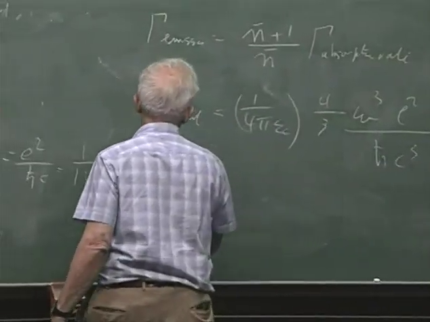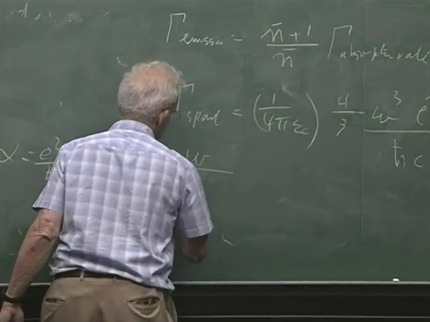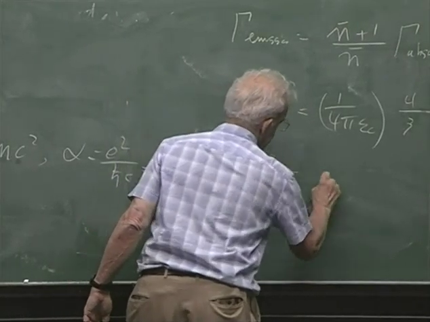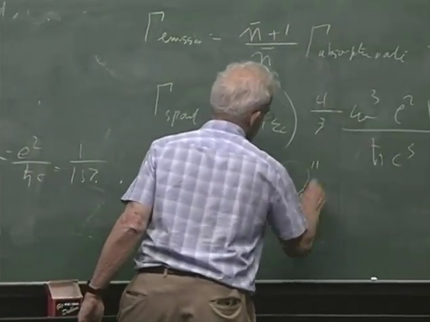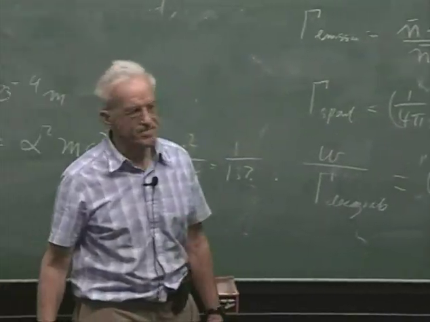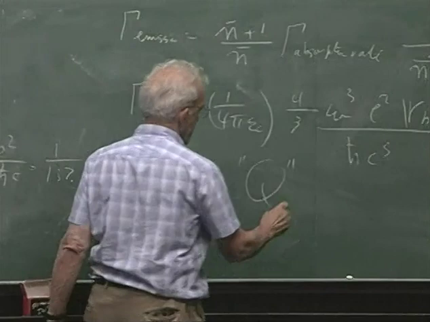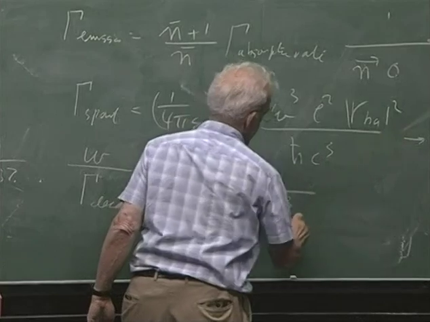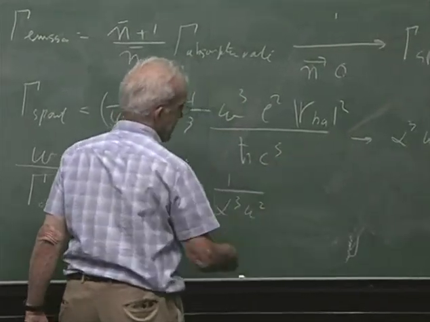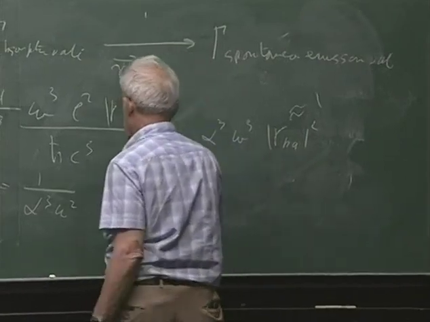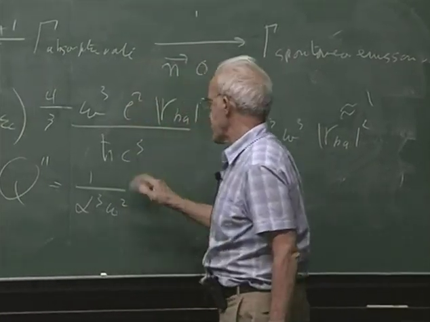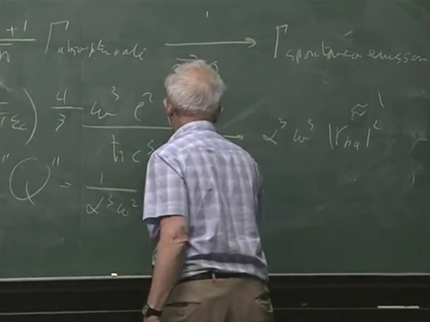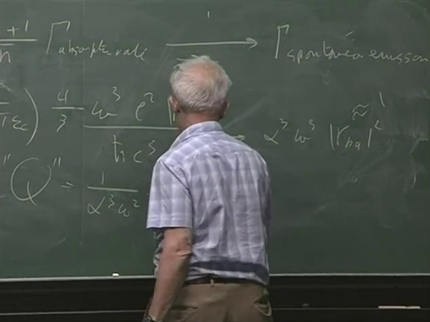Let me talk about the ratio of the frequency to the decay rate. This is what we call the Q for a harmonic oscillator, the quality factor of a harmonic oscillator. And this is going to be equal to 1 over alpha cubed, times omega squared there, and r_ba I'm just going to take as about equal to 1. And for omega, I could take it 1, but it's not going to be bigger than 1/2, so it's going to be 1/4 times alpha cubed.